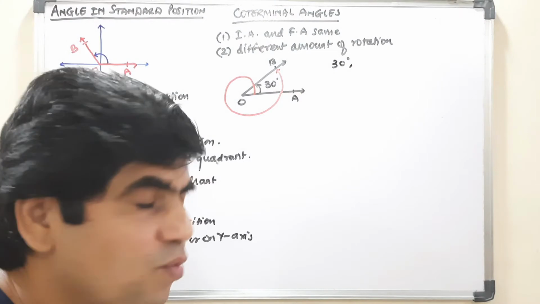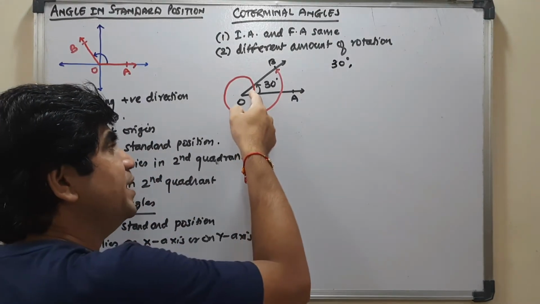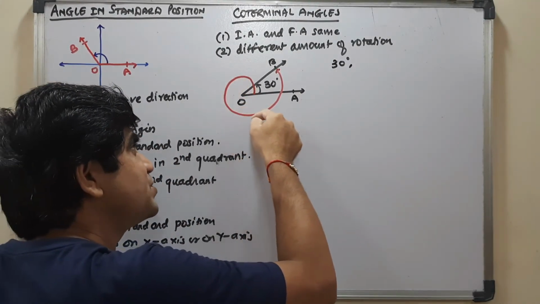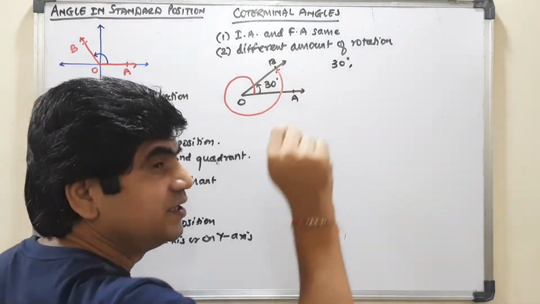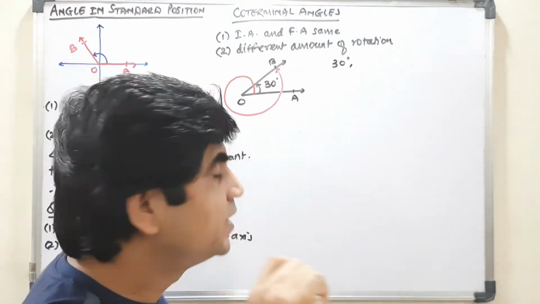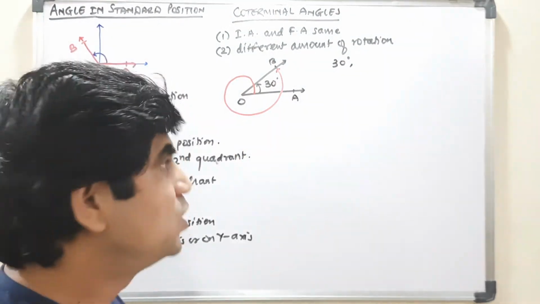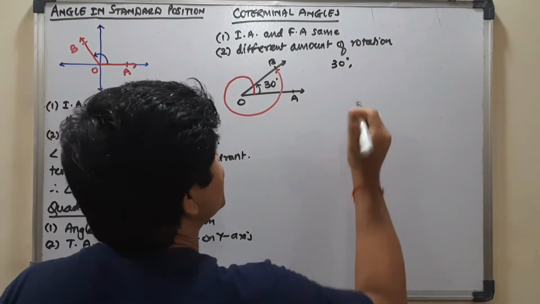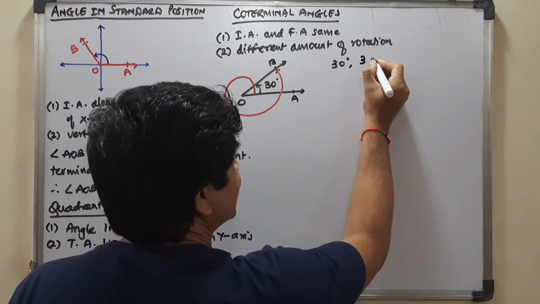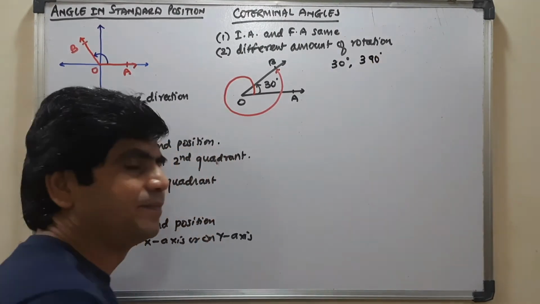The second is what? It starts from here and reaches over here, one rotation 360 degrees, and then further 30 degrees gets added, so it becomes 360 degrees plus 30, that is 390 degrees.